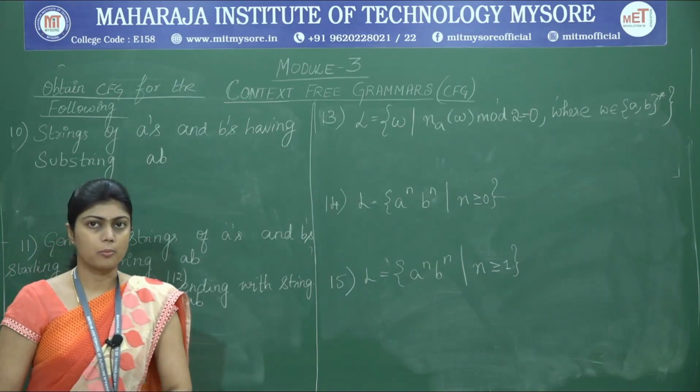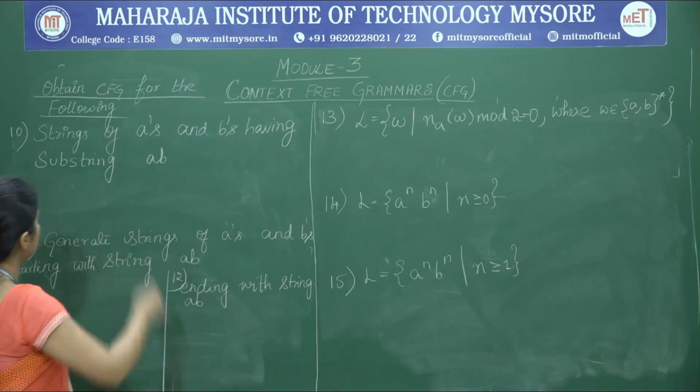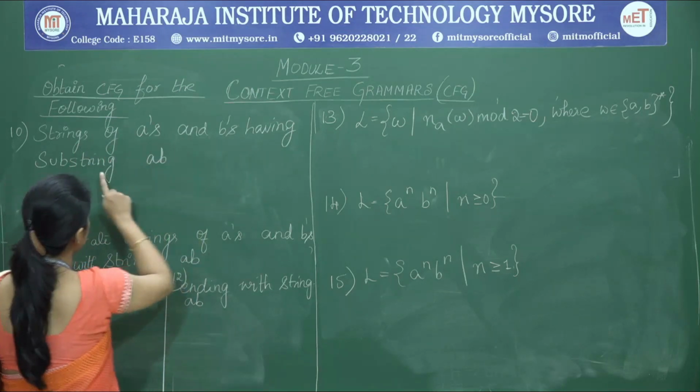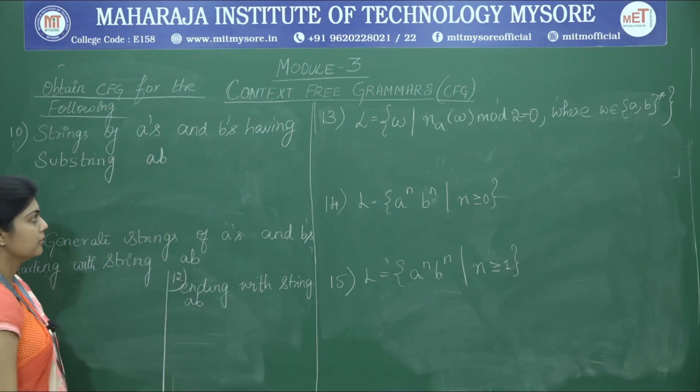We'll look at the next set of problems. So we'll look at the 10th problem. Strings of A's and B's having the substring AB.